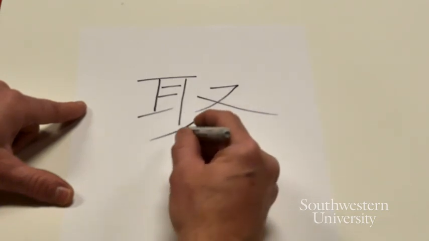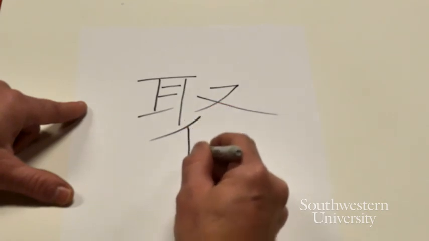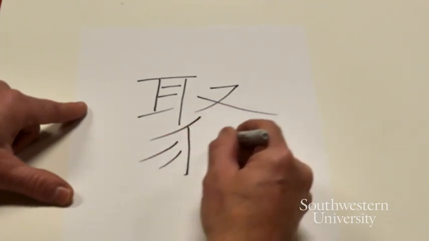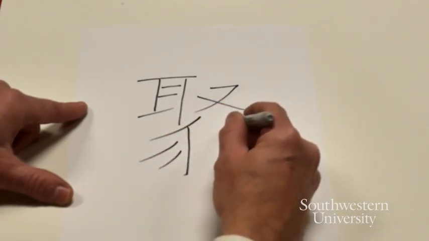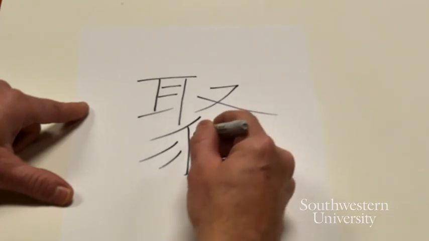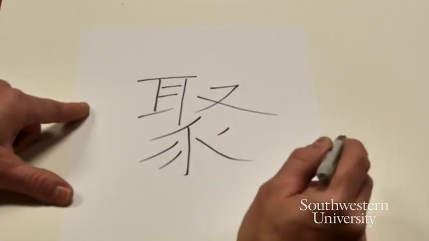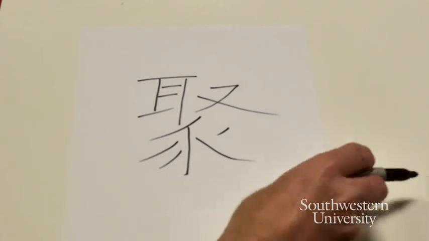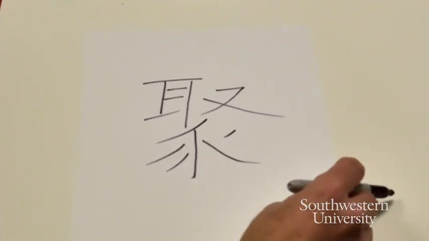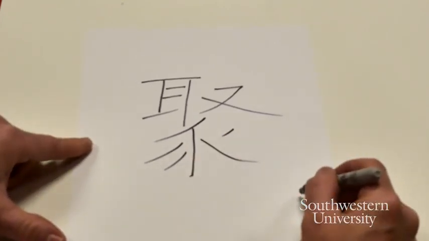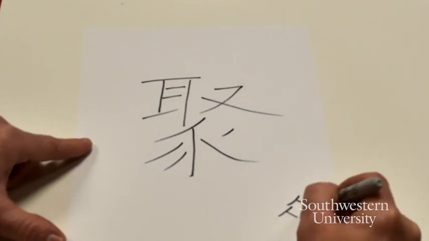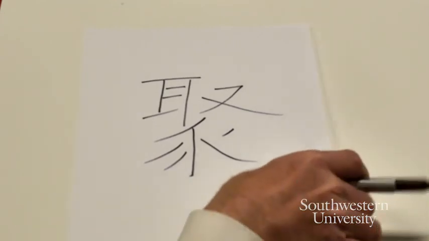It's three people combined. Pie, shu, go, pie, pie, and then pie, na, ju. So this bottom part is actually the same as that. Three people together.